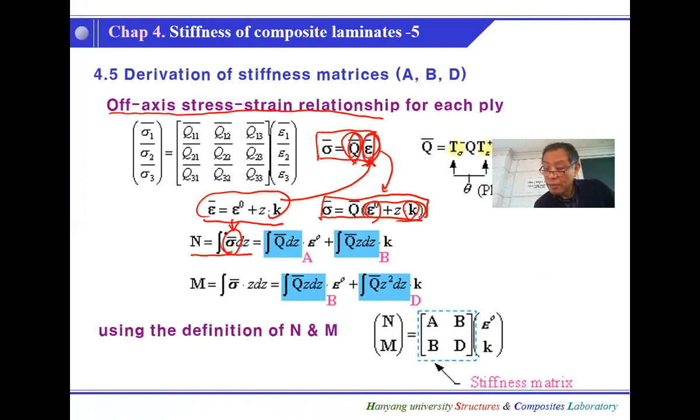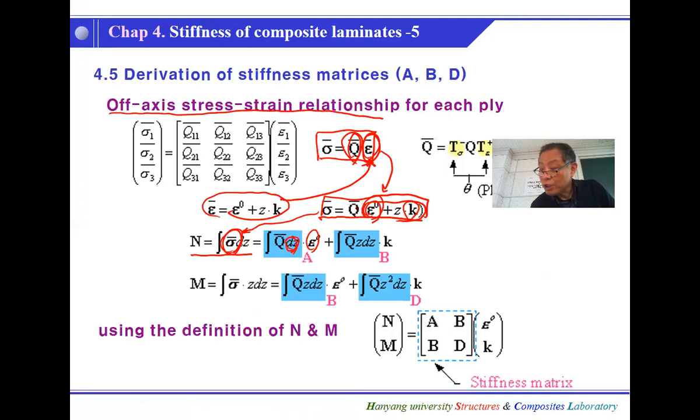Okay, so sigma bar goes that, and this goes into here. And sigma bar, now you have a Q bar, stiffness through the thickness. But this epsilon 0 is what? Is it a function of z or constant? They are all constant. So it has nothing to do with the integration. So this is a constant out of integrations, right?